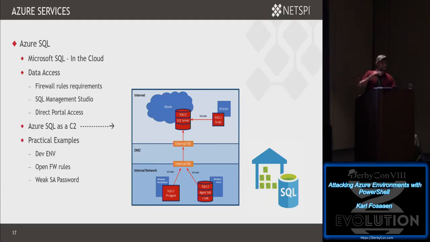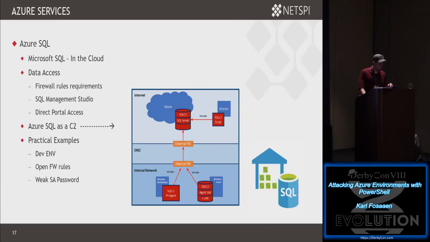By default, Microsoft does lock that down and makes you put exceptions in for your own IP addresses, but we've seen it where people are kind of lazy and want to open it up for multiple different IPs and just open it up everywhere. So some practical examples. We've seen development environments where those SQL servers are available, open firewall rules, and get in with a weak SA password, something like that. So this can be handy.